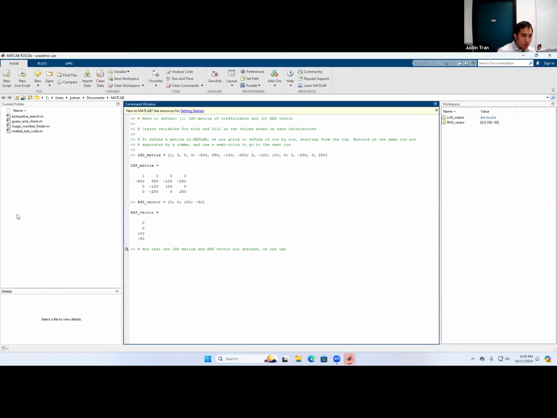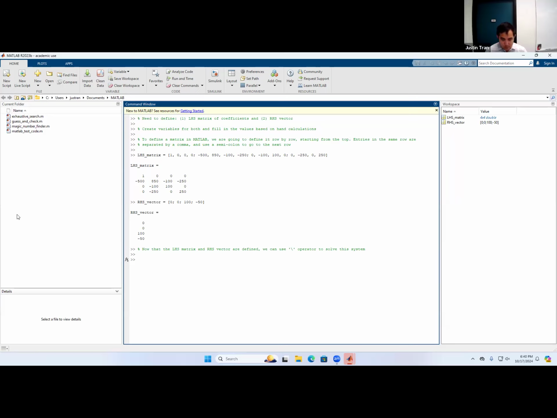We can use this symbol to solve for it. That symbol is the backslash operator. If you don't know where the backslash is on your keyboard, it's located right above the enter key. It's a slash that starts on the upper left and goes to the bottom right.